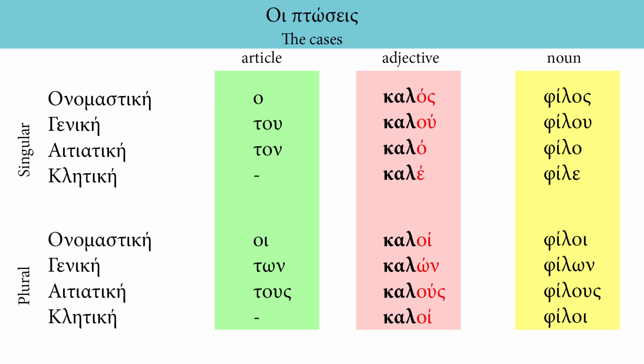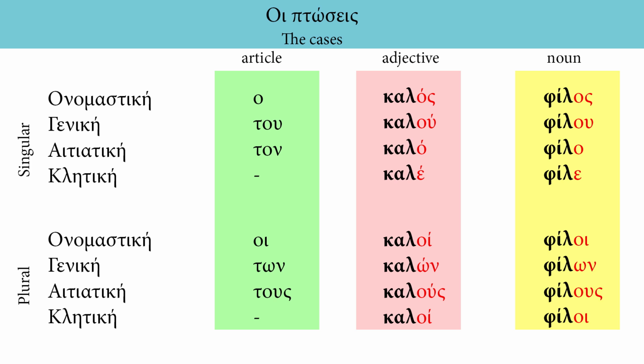The same thing happens with the adjective kalos, which means good, nice. Of course, the adjective has two more genders, feminine and neuter, which we don't see here. The stem of the adjective is kal, the three first letters, and the endings are in red.